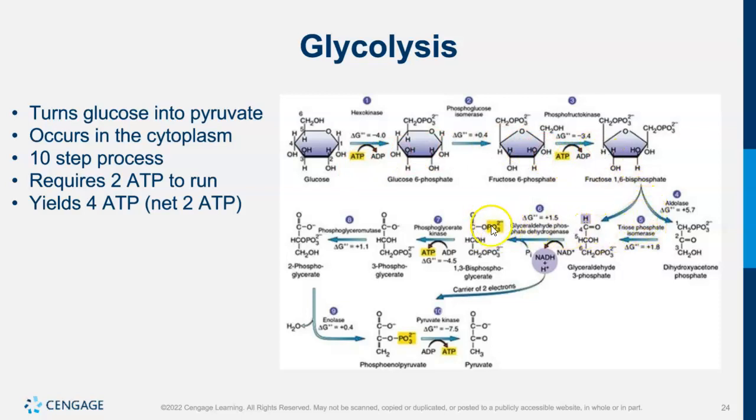And here we get some phosphate groups and an ATP and another phosphate group and more ATP. So we spend 2 ATP to make 4 ATP. And when we repay ourselves the 2 ATP that we spent, glycolysis nets us 2 ATP.